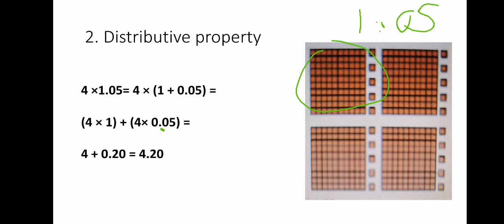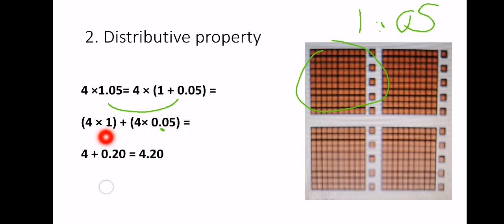Here I have 4 multiplied by 1.05, which is exactly the same as 4 multiplied by 1 plus 0.05. Then I will start to distribute: 4 will be multiplied by 1, then 4 will be multiplied by 0.05.